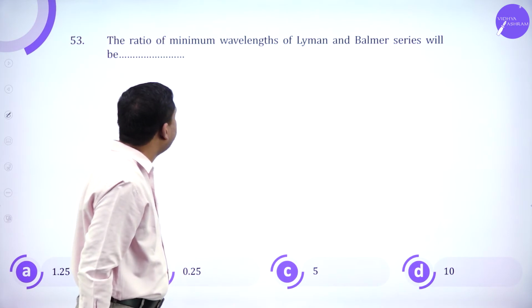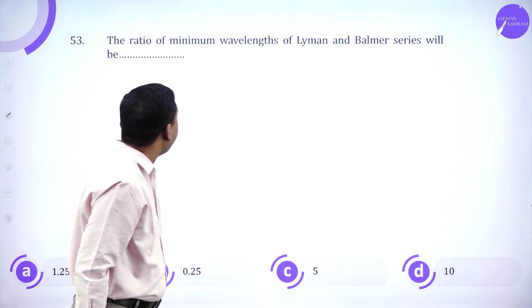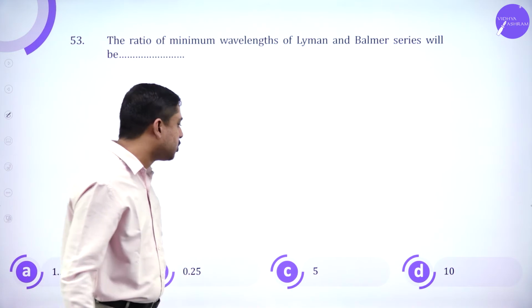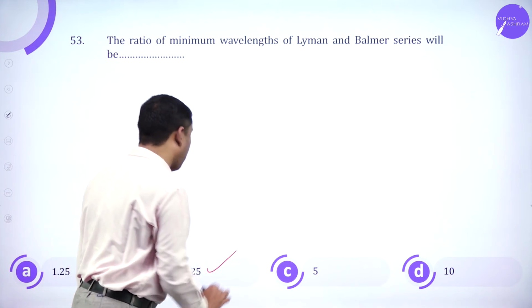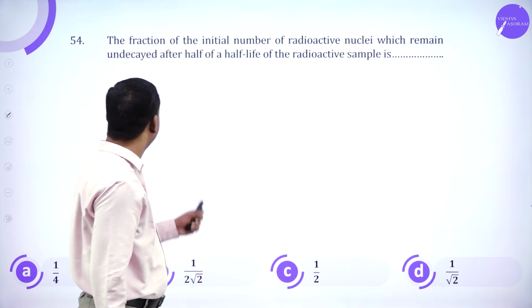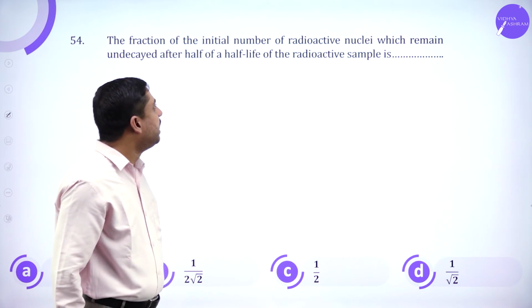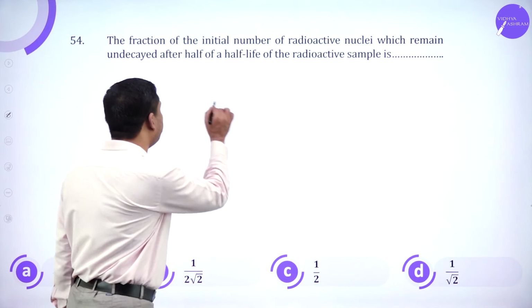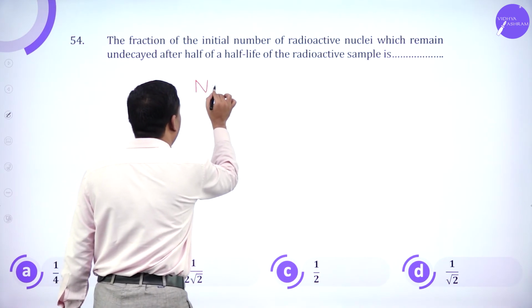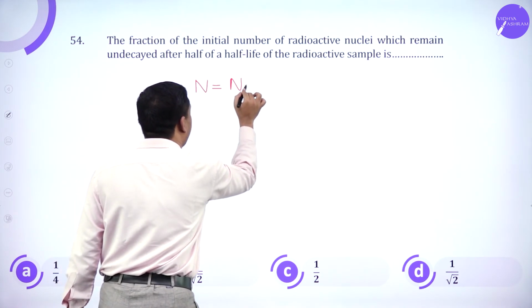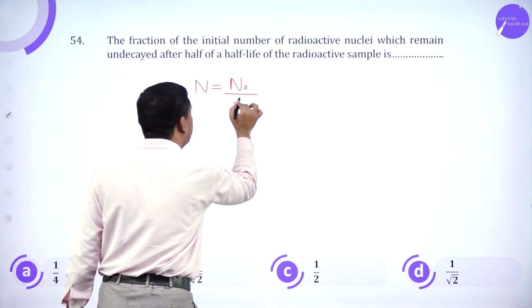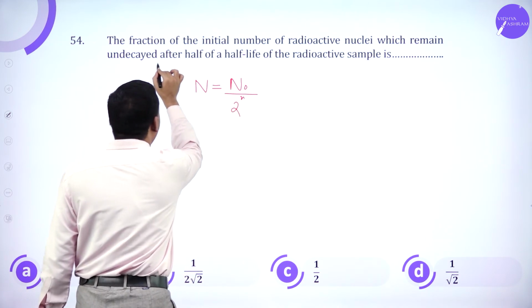Ratio of minimum wavelengths of Lyman and Balmer series will be, it is conceptual, 0.25. Fraction of the initial number of radioactive nuclei. So we know N is N naught divided by 2 to the power n.